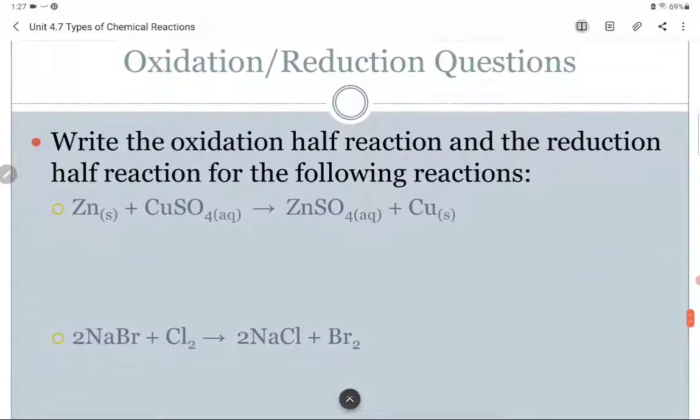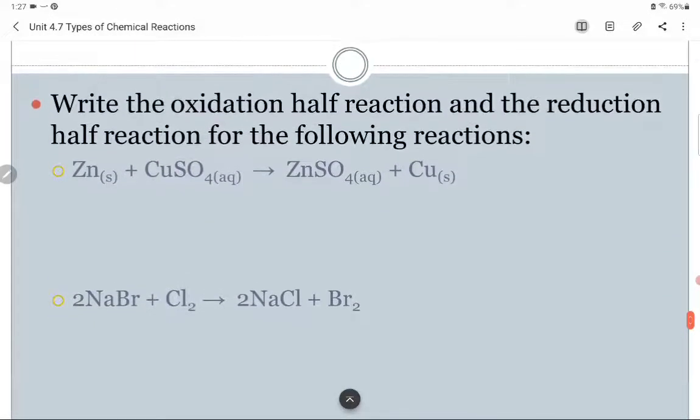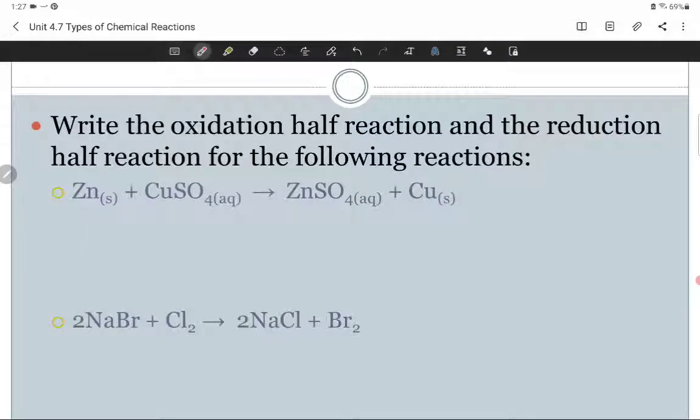So what would a typical question look like? Well, I've kind of gone over one of these already, but let's give these a shot. Write the oxidation half reaction and the reduction half reaction. To be able to do that, we have to have a good idea of the oxidation states. By the way, do you see that there's a sulfate here and there's a sulfate there?